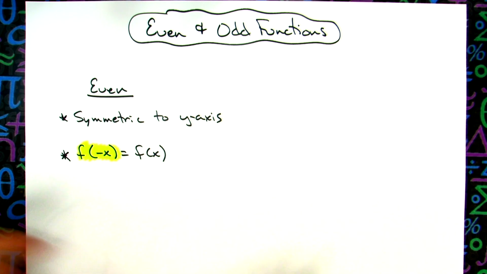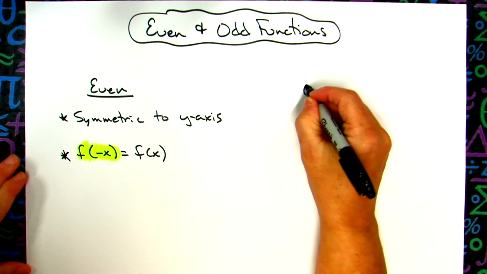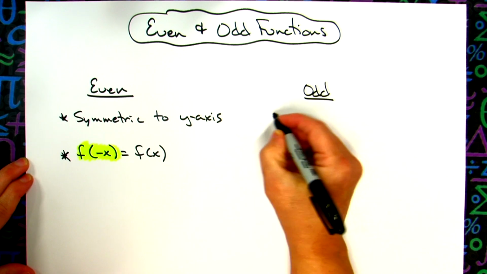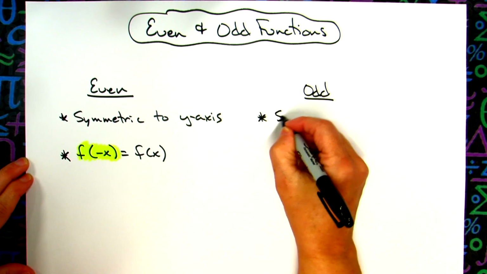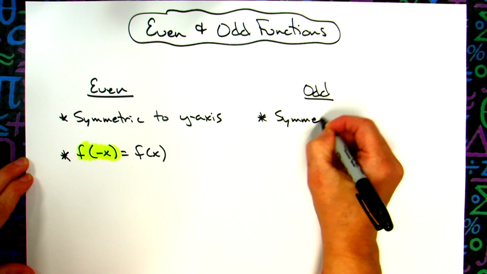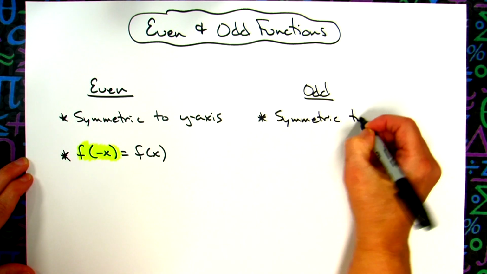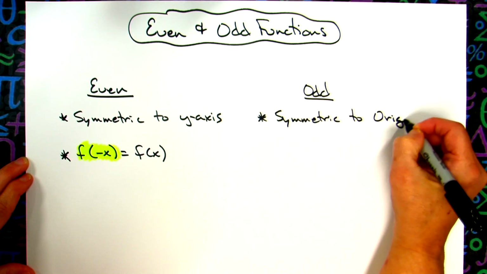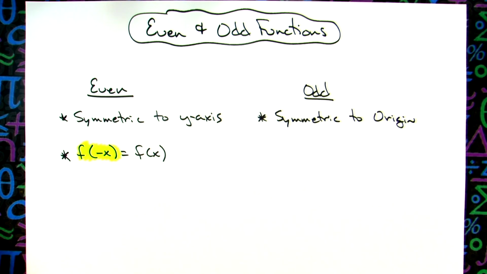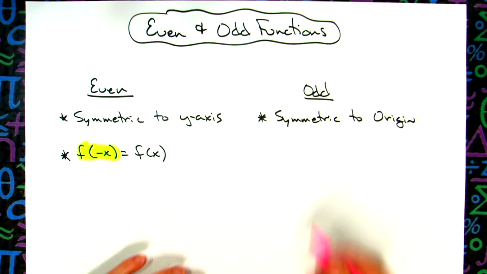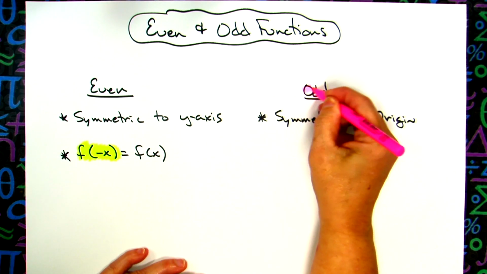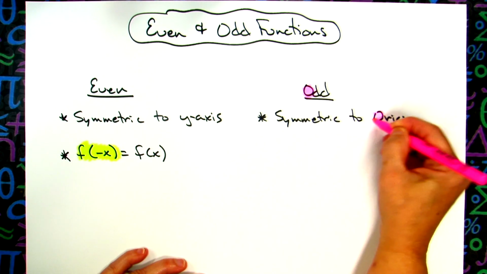Now, two things for odd functions. Odd functions are symmetric to the origin. If you are going to try to memorize that, an easy way is that odd starts with O, and origin starts with O also.